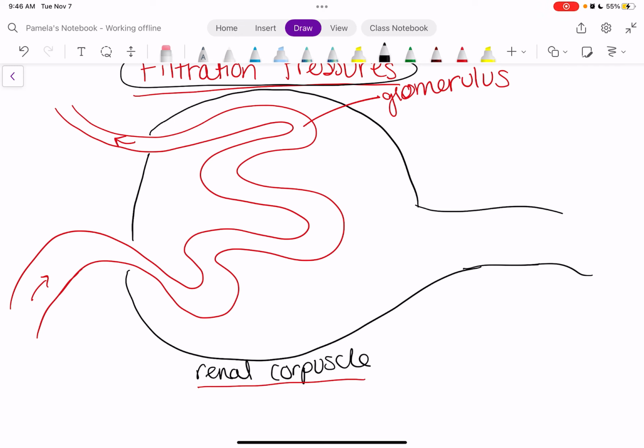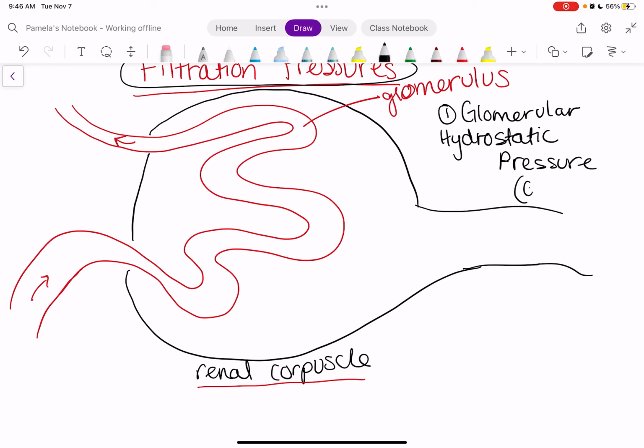All right, so our first pressure we need to consider is called our glomerular hydrostatic pressure. We often call it GHP. And this is the pressure from the blood inside the glomerular capillaries, pushing out on the walls of the capillaries.